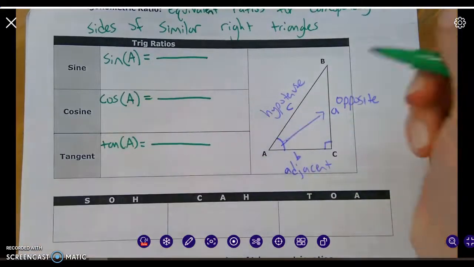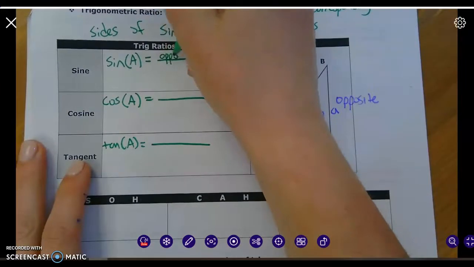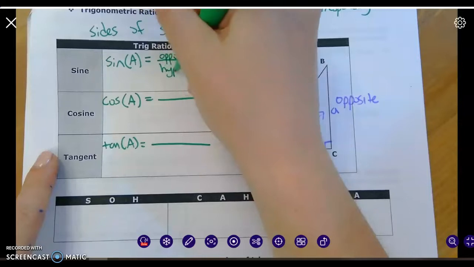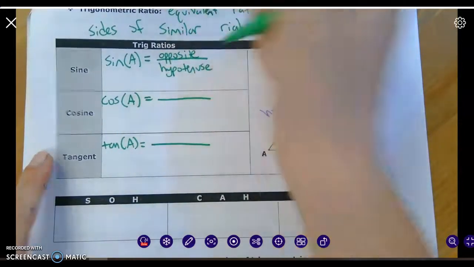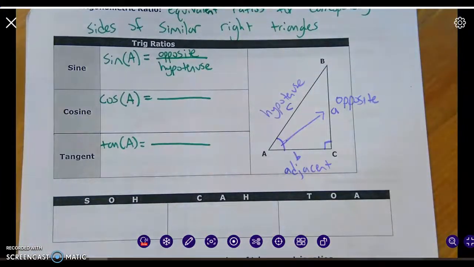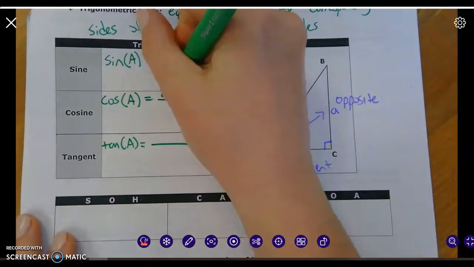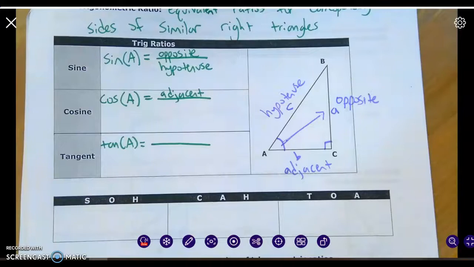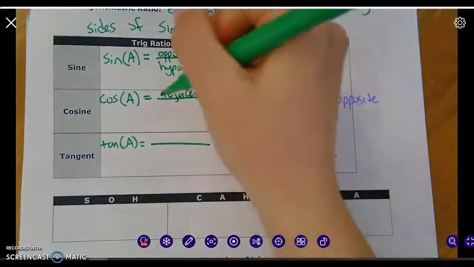So sine is always opposite on top and hypotenuse on the bottom. This is a rule. This is what we always follow if we're going to use sine. Cosine is different. Cosine is going to be adjacent on top and hypotenuse on the bottom.